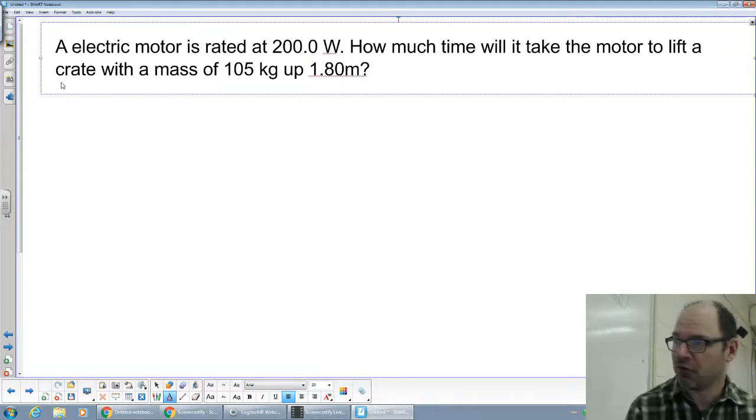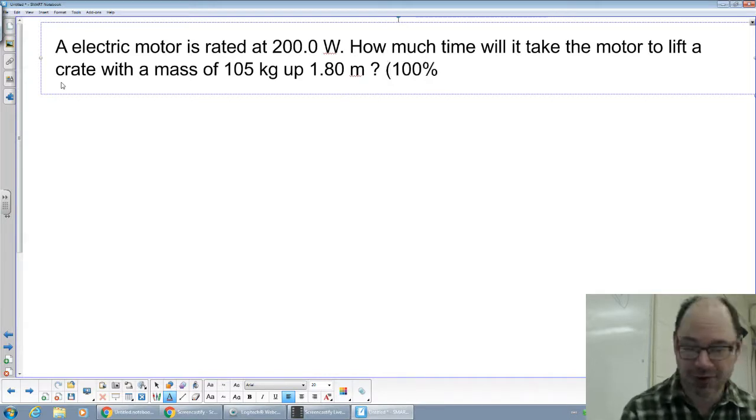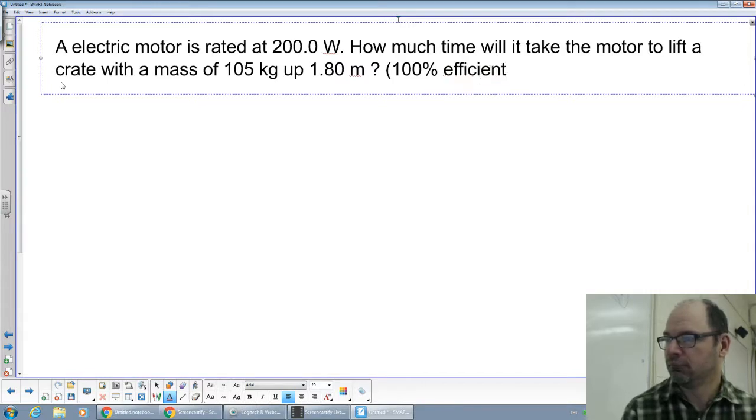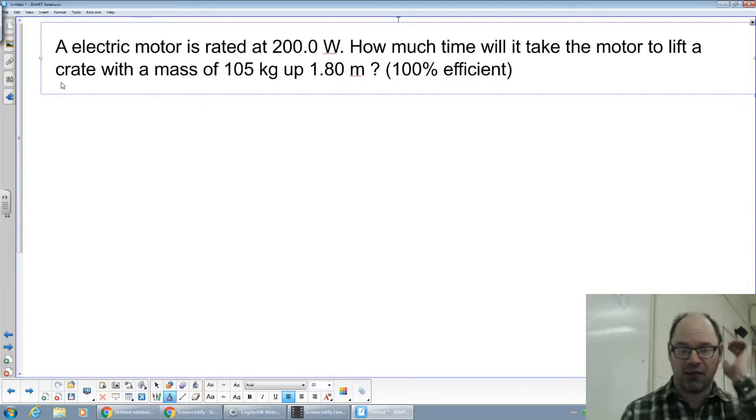And we're going to assume a couple of things here. So 100% efficiency, which isn't the case with electric motors. Sometimes they warm up and get heated, and some of that energy goes to heat, right?